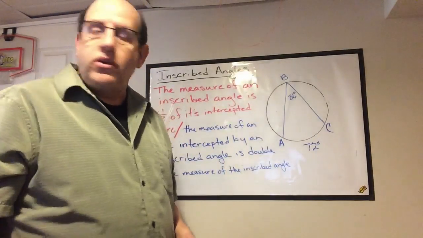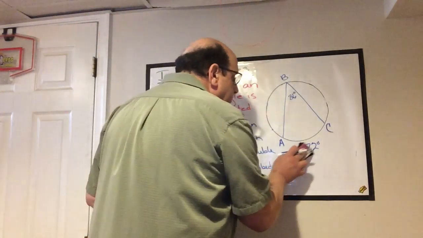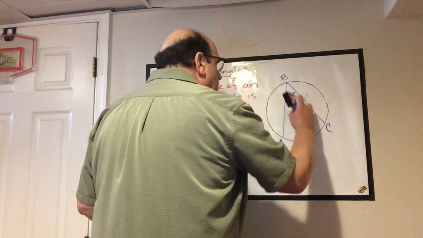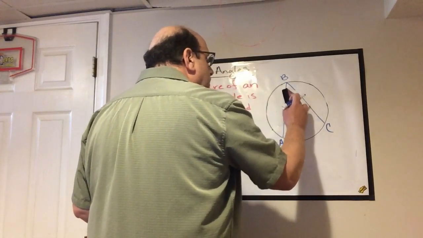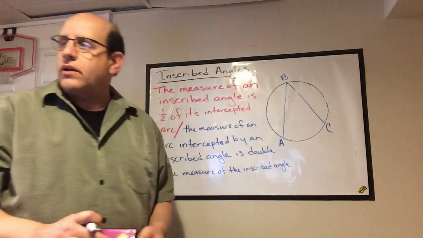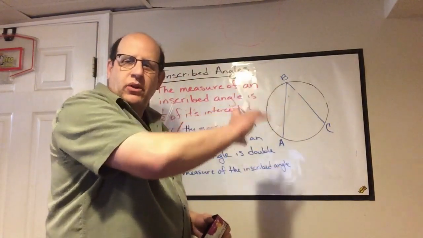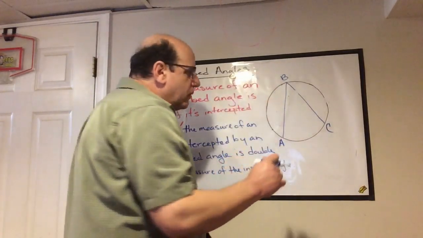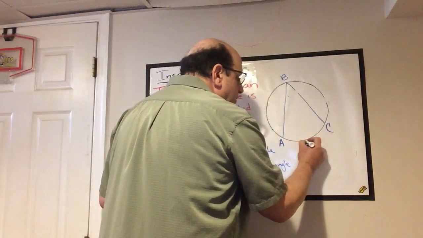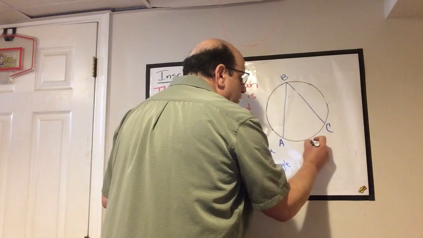I want to do number two. Number two actually just gives you a value on the outside, right? Number two says, and it's a little crooked, but I don't want to just erase this and rewrite it, that out here it's 62 degrees.